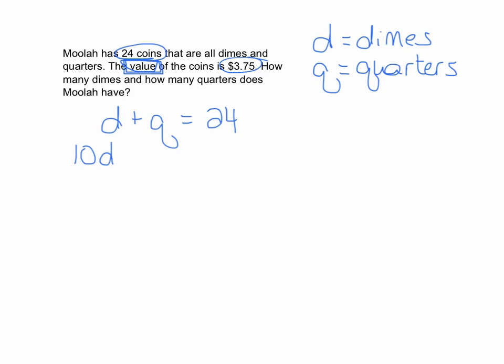A quarter is worth 25 cents. So, 10 cents times the number of dimes he has plus 25 cents times the number of quarters he has is his money, okay? And his money, according to the problem, is $3.75. But since I didn't use decimals over here, I'm not going to use a decimal over here. That's just going to make it a little easier on myself that I don't have to worry about a decimal, okay?